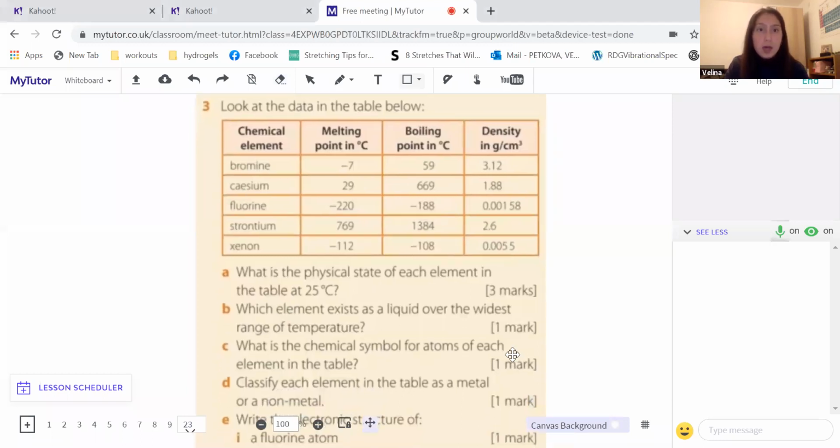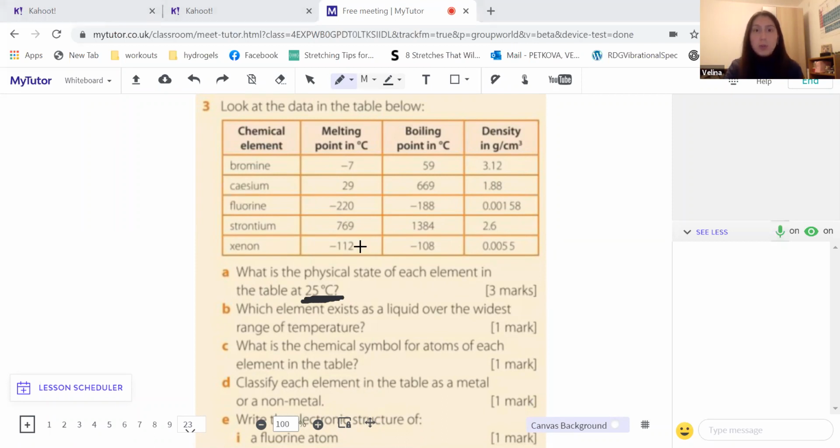So look at the data in the table below. What is the physical state of each element in the table at 25 degrees C? So for bromine, what do we think the physical state will be? Yeah, brilliant. Liquid it is.